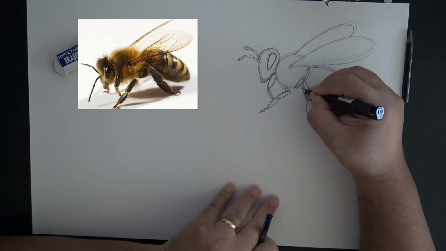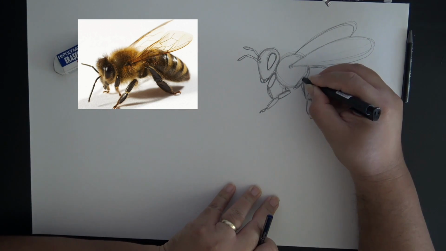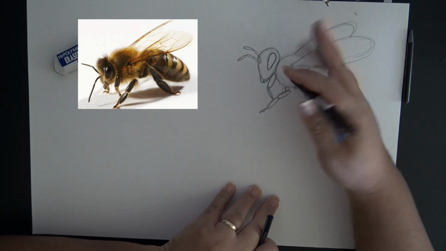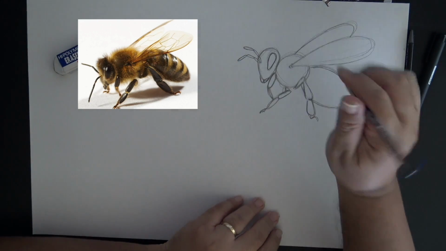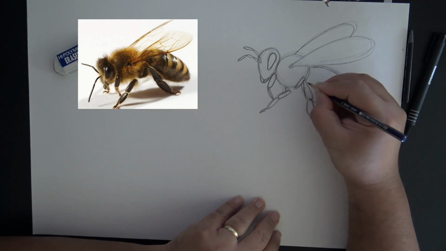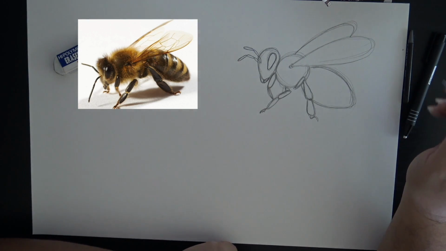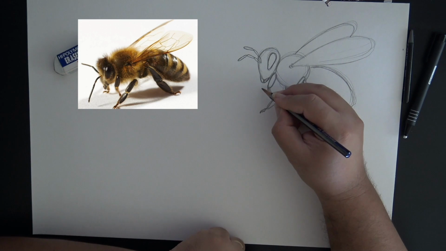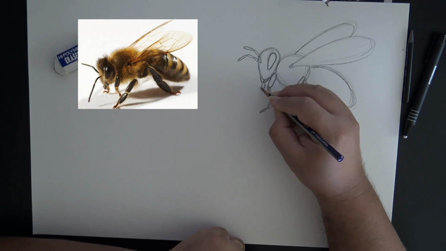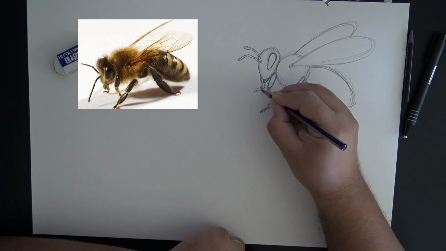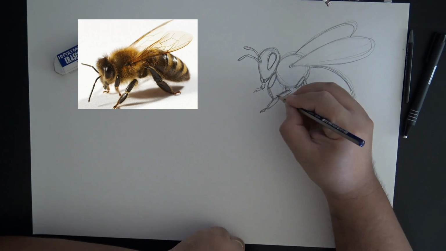Because my legs are going through my body, I'm going to go ahead and erase the details that are being cut off. Don't need those anymore. We do have another fuzzy leg coming down by the beak, the little fingers, like that.